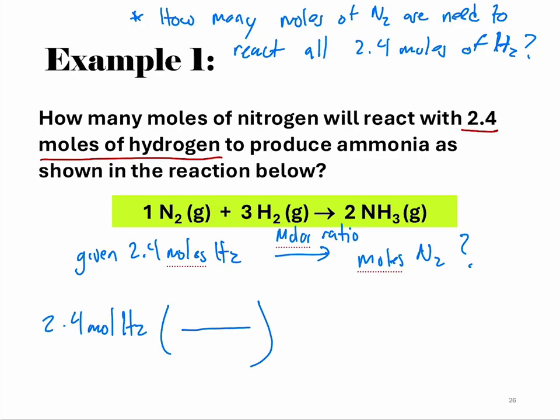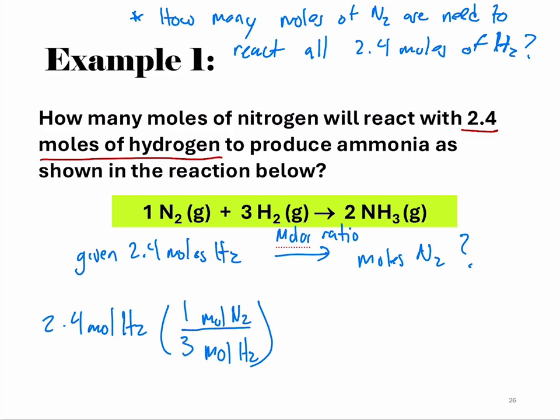What goes in the numerator and what goes in the denominator? Yep, hydrogen goes in the denominator because we want nitrogen in the numerator, because that's the unit we want to end with. So we have mole nitrogen over mole hydrogen. And what are the numbers associated with these? It should be 1 over 3.